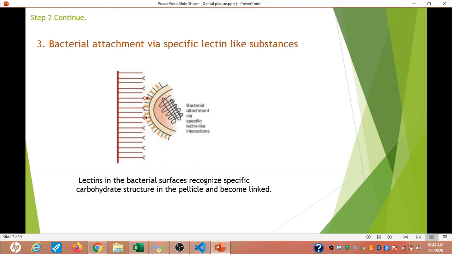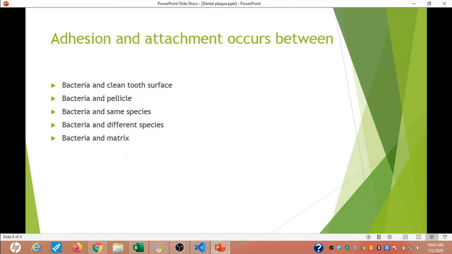These lectins in bacteria will recognize some carbohydrate structure in pellicle and they become linked. This is shown in the diagram. Adhesion and attachment occurs between bacteria and clean tooth surface, bacteria and pellicle, bacteria and bacteria, bacteria and other species, bacteria and matrix.